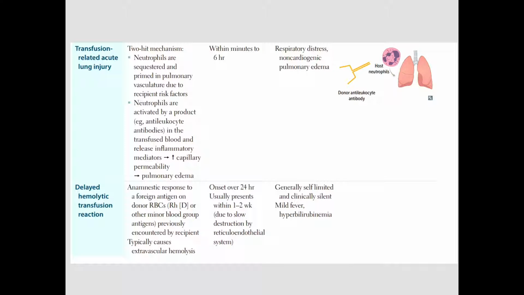Okay, and another immune mediated reaction is the delayed hemolytic type of reaction. This also causes hemolysis, but it is delayed because normally, you know, acute hemolytic reaction is immediate because of some ABO mismatch.